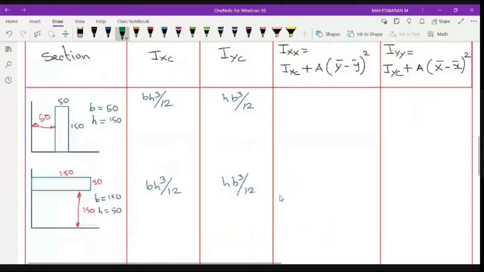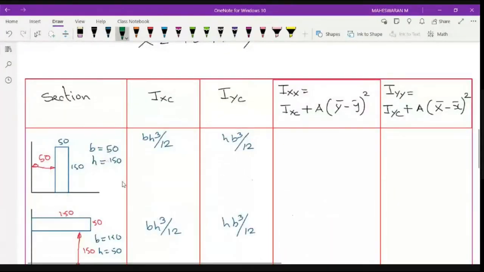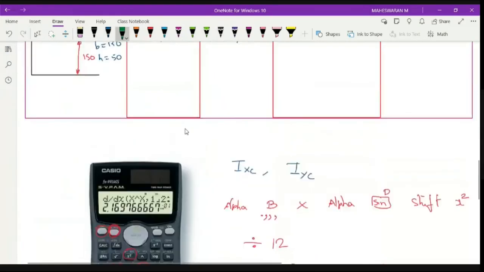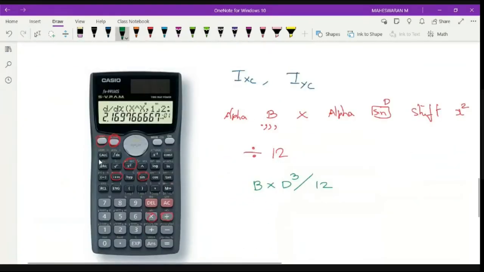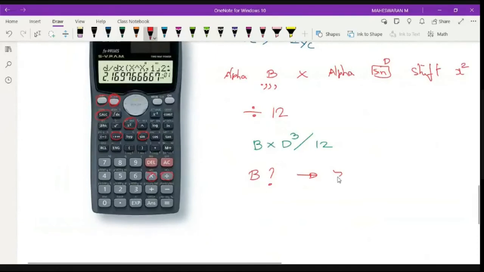Now I'm going to change my B and D accordingly. For IXC, my B is 50 and my D is 150. Press the calc button. When I press calc, it will ask what your B data is. Enter 50, press equal to.